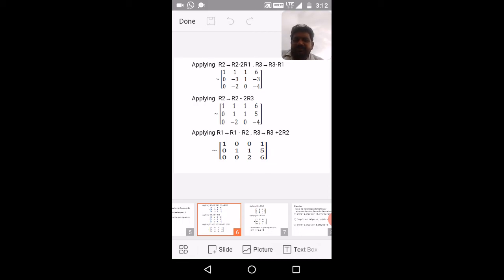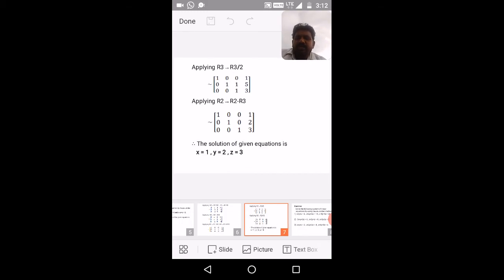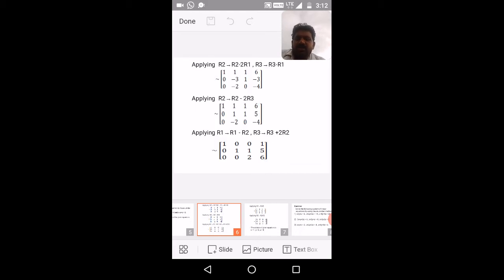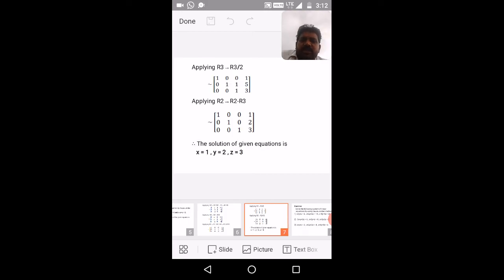Divide the third row by 2: 0 by 2 is 0, 0 by 2 is 0, 2 by 2 is 1, 6 by 2 is 3. Okay, so the matrix which is obtained is 1 0 0 1, 0 1 1 5, 0 0 1 3.